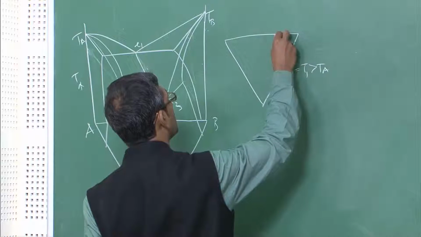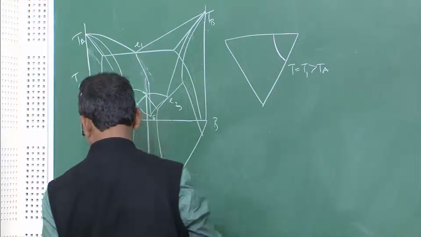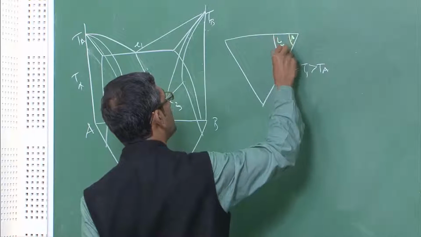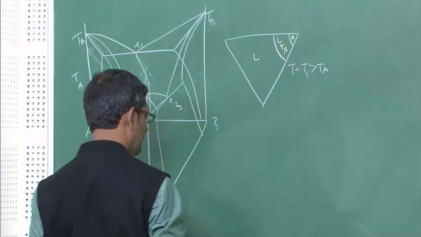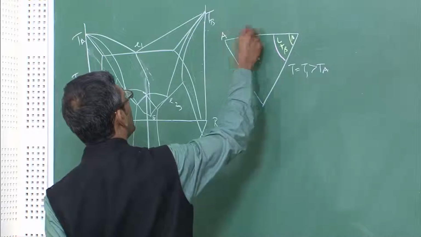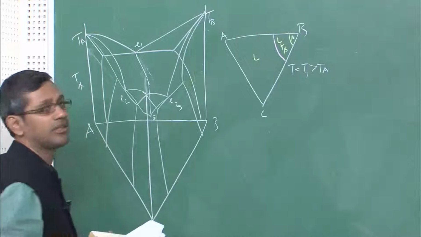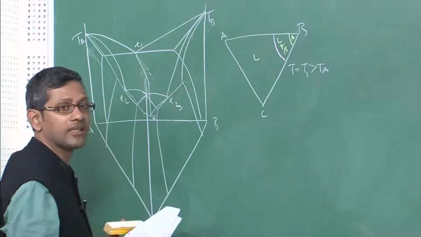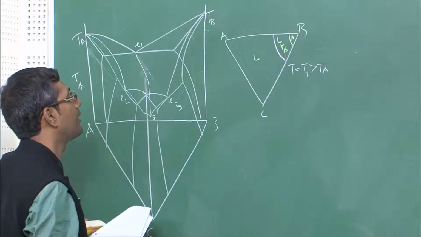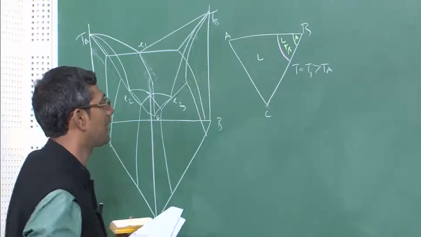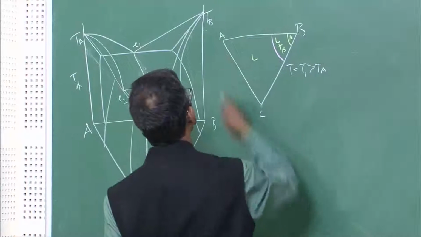This is how it will look like, beta, liquid plus beta, liquid, A, B, C. Because B has the highest melting temperature, beta will start forming first, unlike the case I showed you on the slides where A has lower melting temperature than C, but B has the highest melting temperature also, but here C has the lower melting temperature than A.